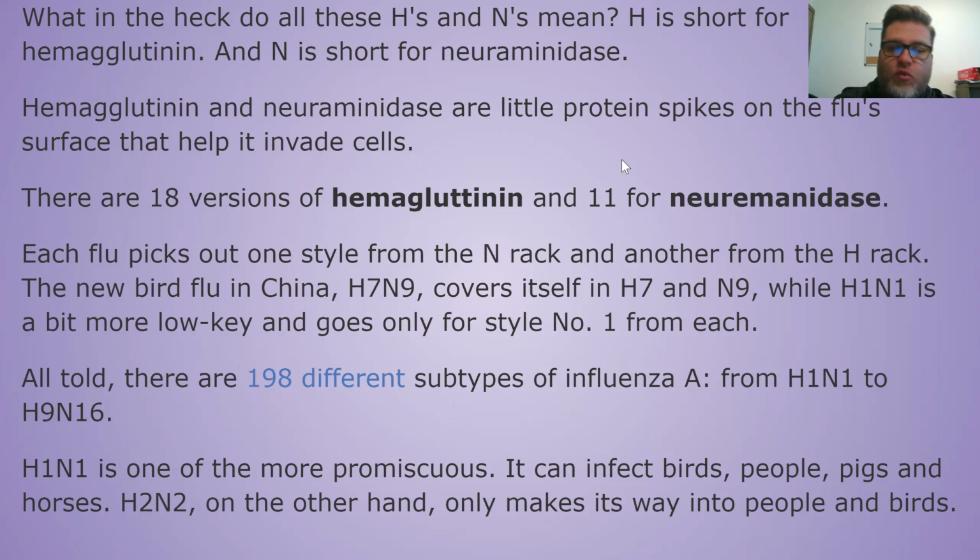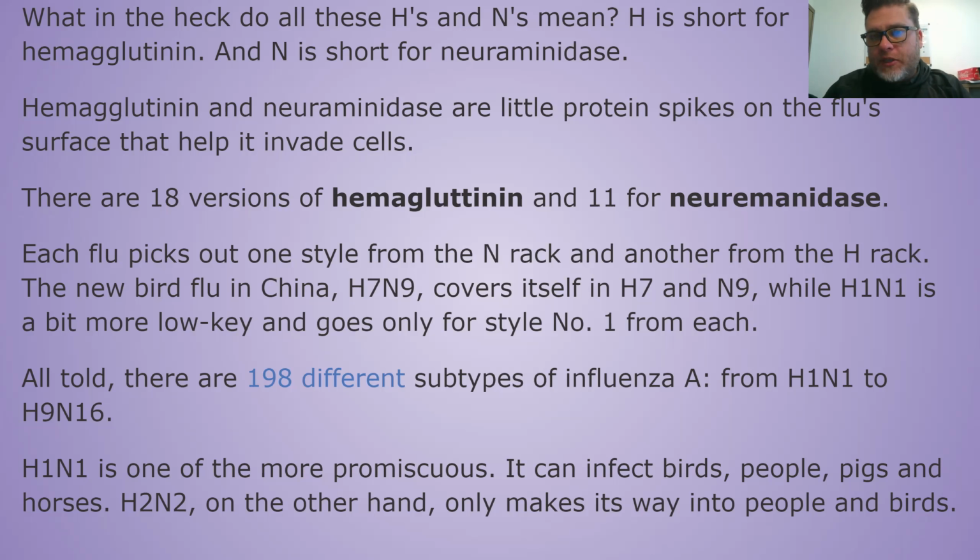When we say H1N1, what exactly does that mean? You have two things: the hemagglutinin and the neuraminidase proteins. When a new flu strain comes about, think of it as a clothing rack. You wake up every morning, walk over to your closet, grab a shirt, grab a pair of pants or shorts, and put them on.